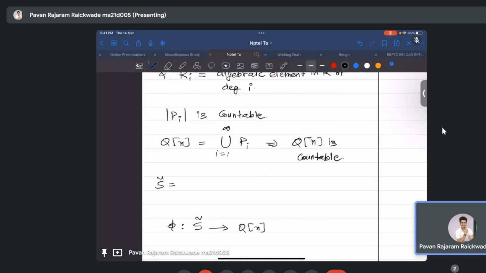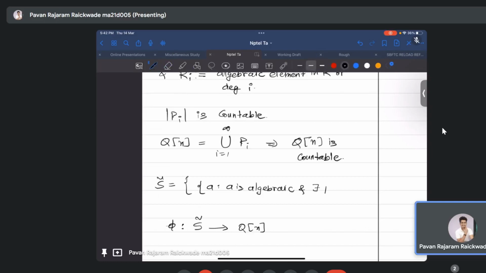S tilde will be now the collection of roots A_i such that A is algebraic and they correspond to the same polynomial.